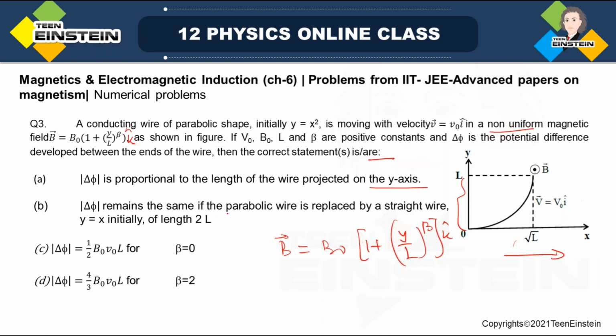Delta phi remains the same if the parabolic wire is replaced by a straight wire y is equal to x, of length 2L. See, if this is the y is equal to x line, I can just remove this.